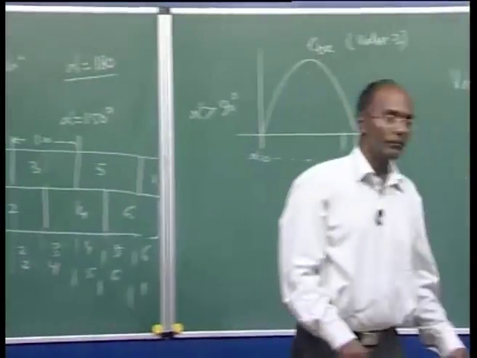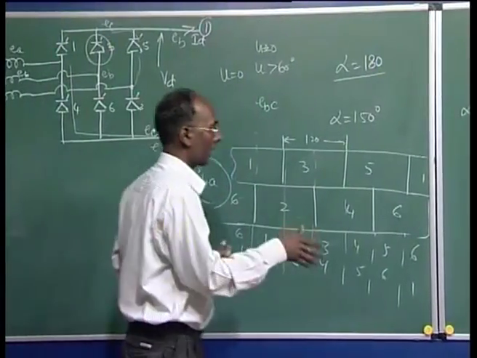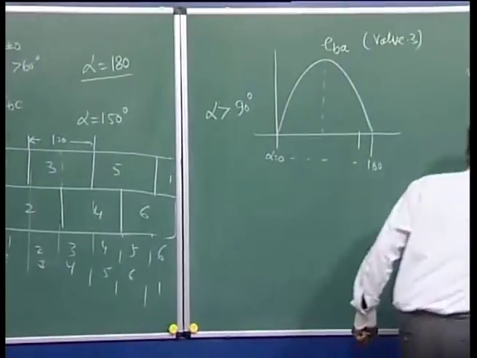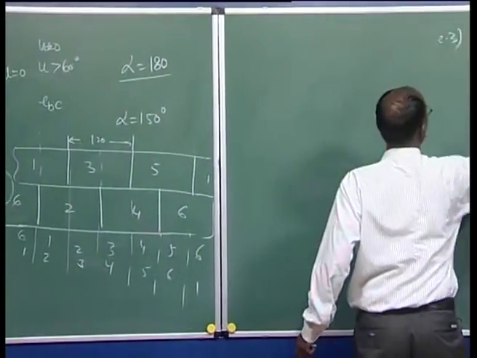Now, let us see if our u is less than 60 degree. Again we can have different cases, and thereby different modes of operation.